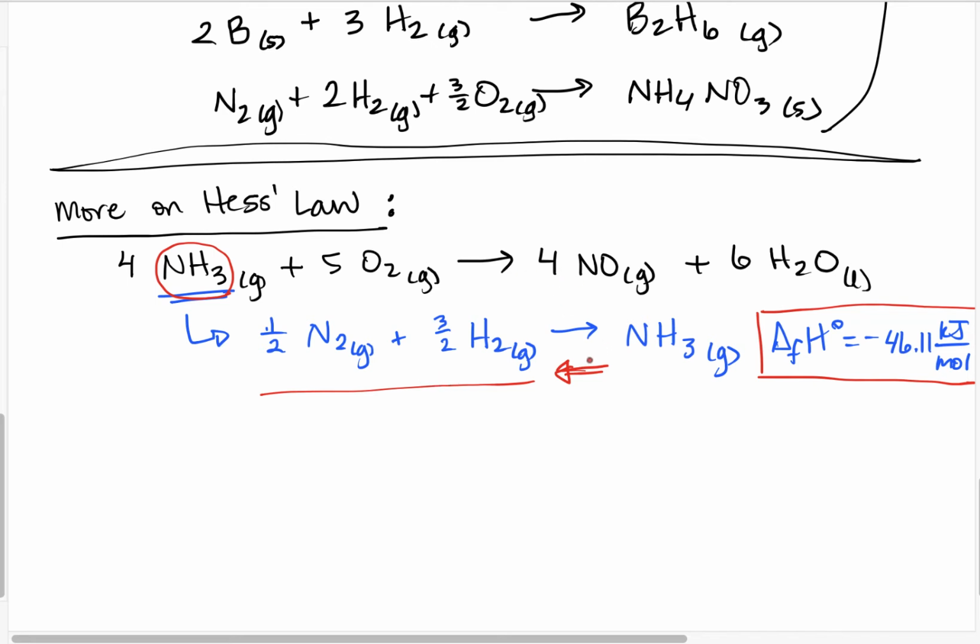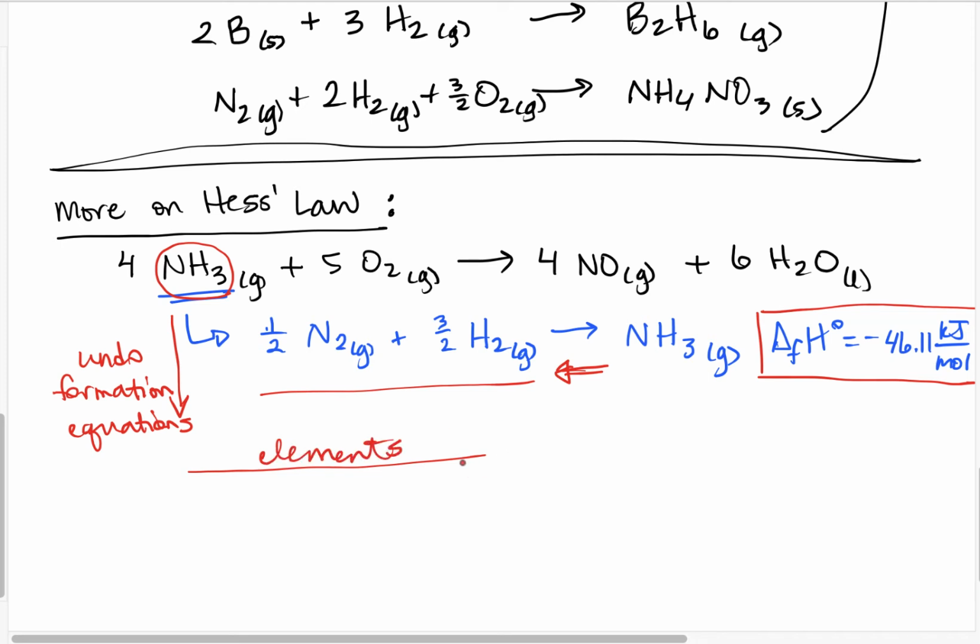Now, that isn't the way that the formation equation works, but because of Hess's law, because we can take any path, we can imagine this path where we undo the formation equations over here on the left-hand side so that we have all of our free elements in their natural elemental state, and then we're going to use them to do the formation equations for the products.